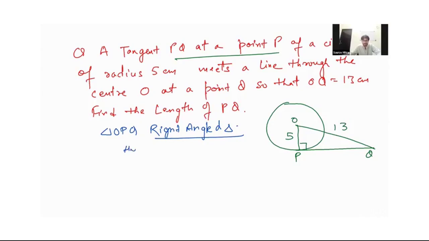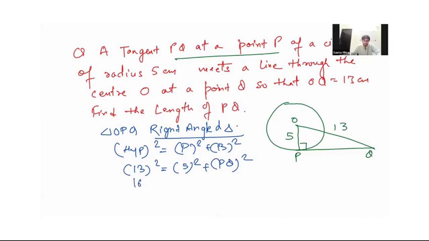The hypotenuse square is equal to perpendicular square plus base square. Hypotenuse means 13 square is equal to perpendicular 5 square plus base PQ square. So 169 minus 25 is equal to PQ square. So PQ will be square root of 144, and it is 12 centimeter.